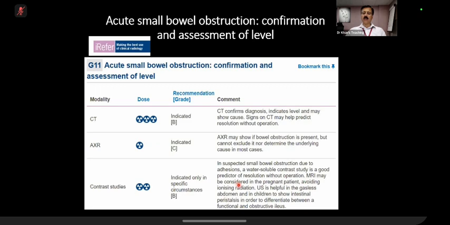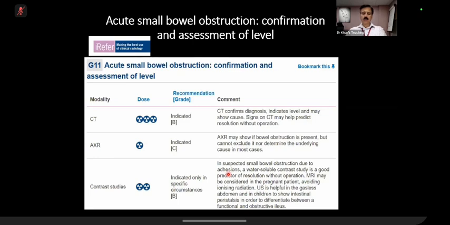So ultrasound can be useful, as the loops of the bowel will be full of fluid and you can pick it up. And similarly, it can be very useful in children. Again, it can be a viva question. And ultrasound can also help to see if there is peristalsis in order to differentiate between functional ileus or obstructive ileus. So these concepts are extremely important.